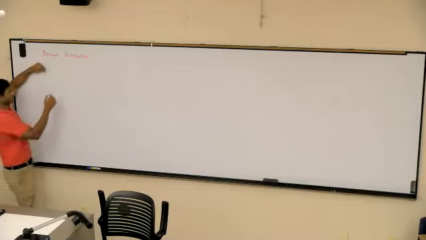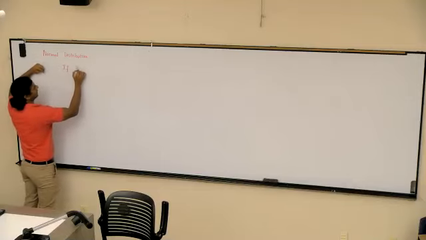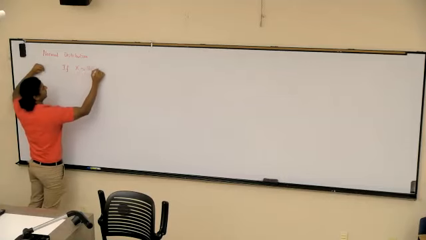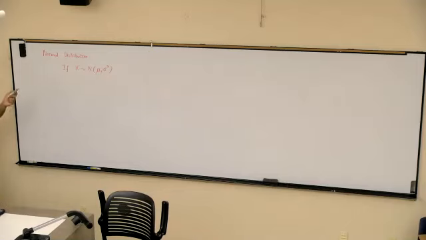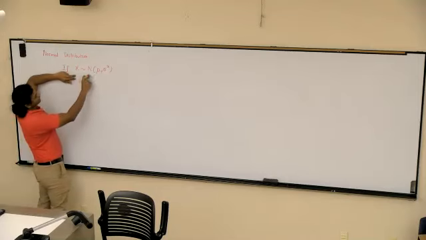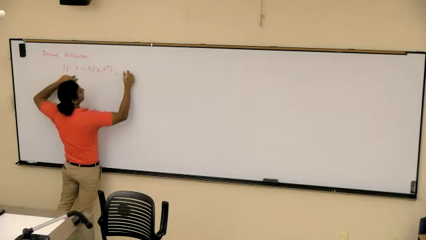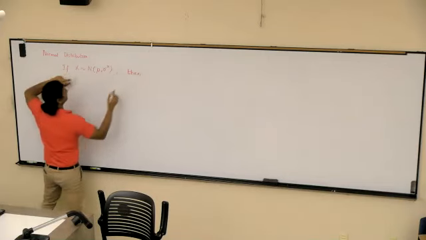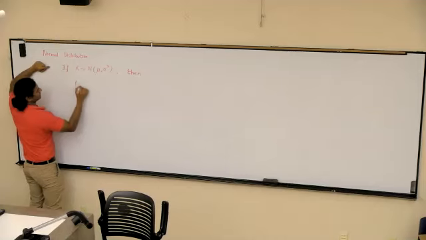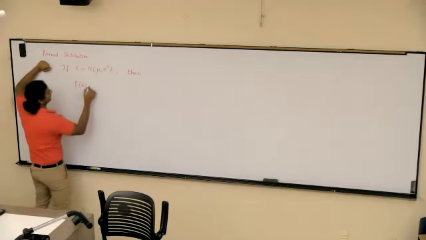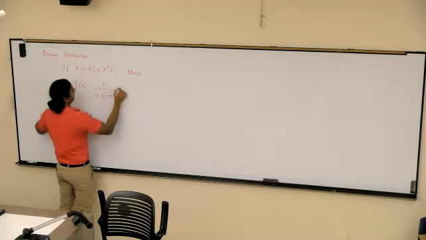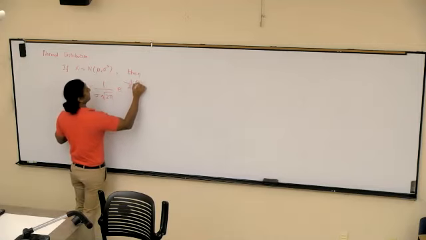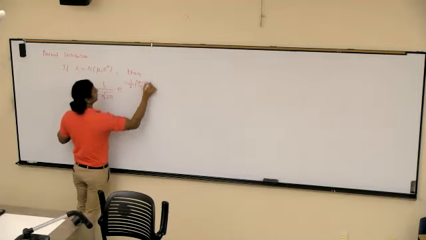We know that. So if X is normal, mu comma sigma squared, mu is the mean, sigma squared is the variance. Okay, so if X is normal mu sigma squared, then f of x, the density, is 1 over sigma square root of 2 pi e raised negative 1/2 times ((x minus mu) over sigma) squared.